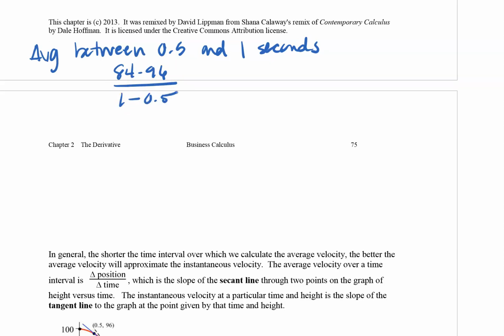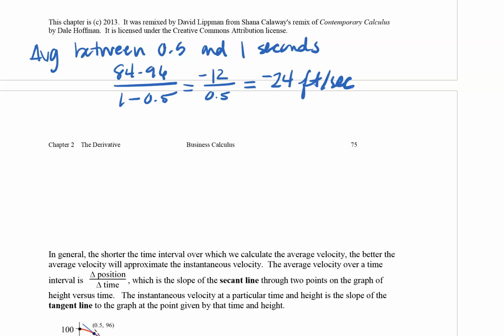I'm just pulling the seconds and the height from the table we already had. Doing my subtraction, this gives me negative 12 over 0.5. Then when you divide that, you get negative 24 feet per second. So the average between 0.5 and 1 is negative 24.